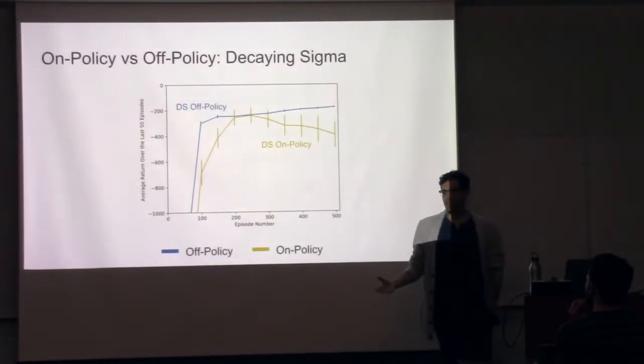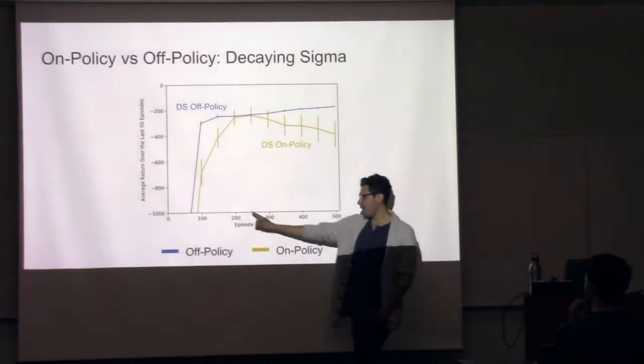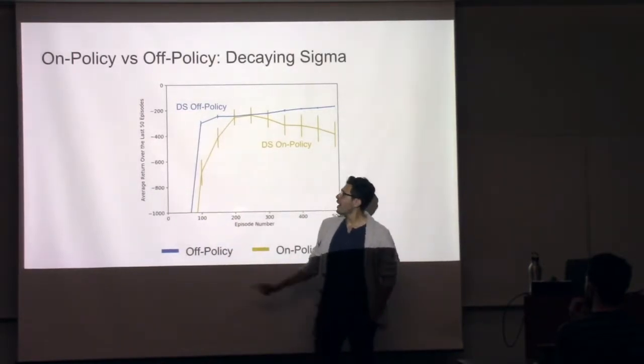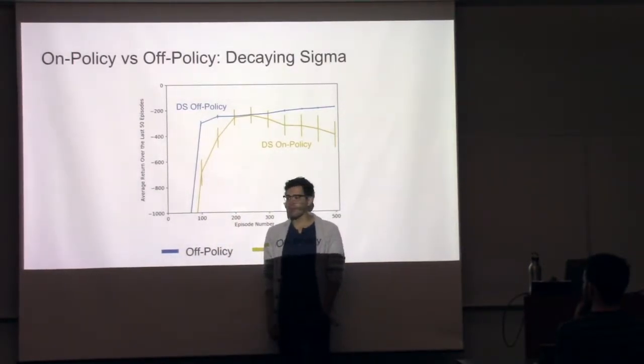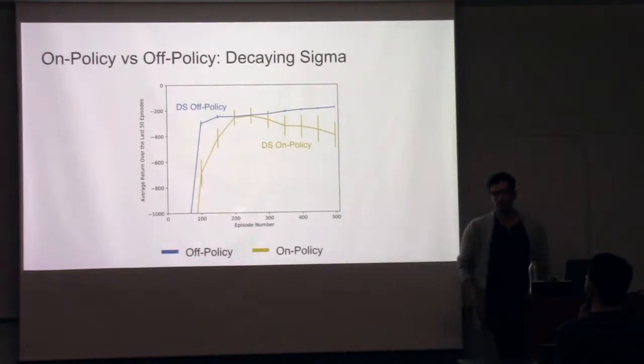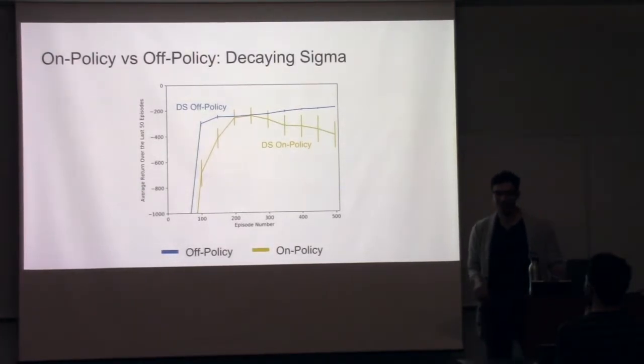During that time, the estimates are all biased and have a lot of variance, so using the importance sampling ratio really doesn't hurt that much. It actually helps a little bit. Later on, by episode 100, Decaying Sigma is already expected Sarsa, so it's not even using the importance sampling ratio anymore. That's why the performance doesn't get affected after that. That's my intuition of why it works. Honestly, it might be any other different reasons.